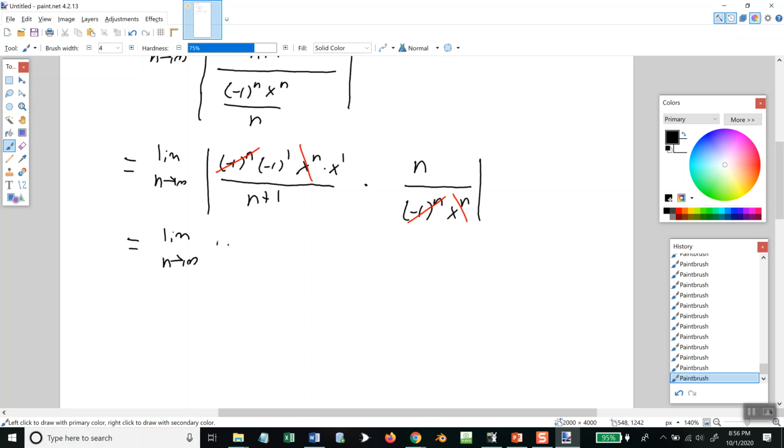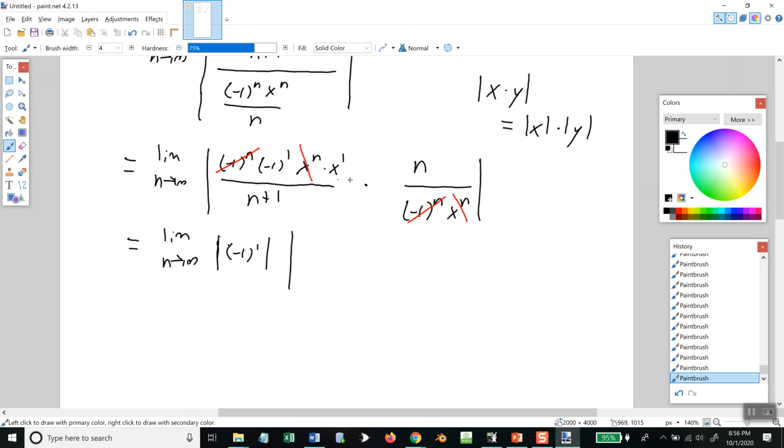This negative 1 here, I could put in its own absolute value bars. The reason why is because the absolute value of x times y is equivalent to the absolute value of x times the absolute value of y. That's only true when everything's multiplication. If there's a plus in here, you cannot do that. So I can split these up.